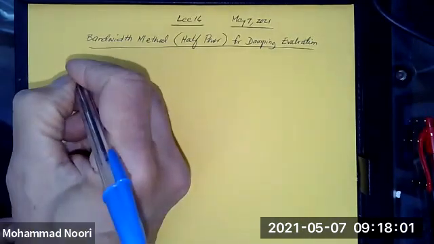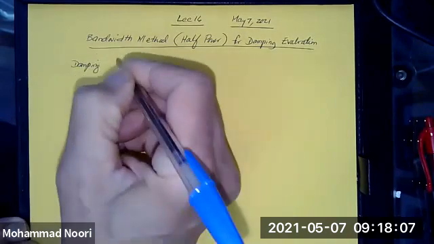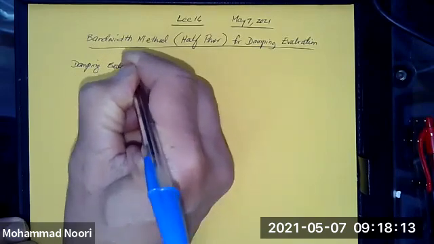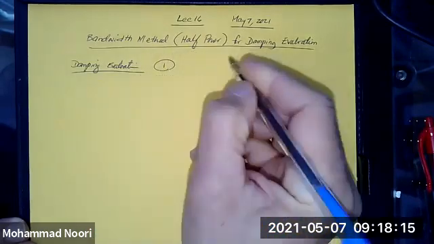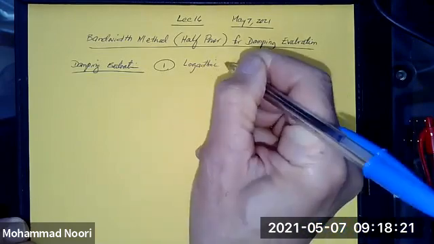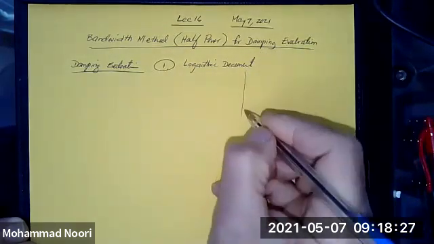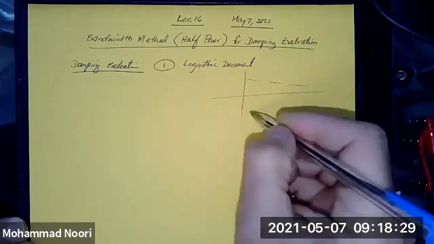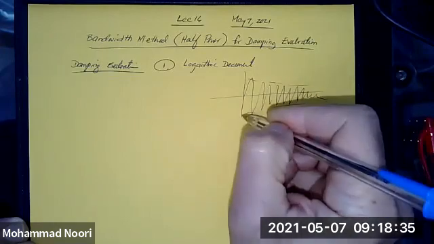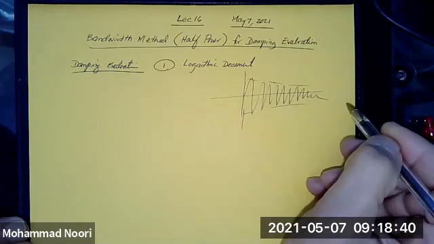So for evaluation of the damping coefficient, you remember we first introduced the method of logarithmic decrement, which was based on the time response of a damped system, under harmonic excitation or free vibration, doesn't matter.